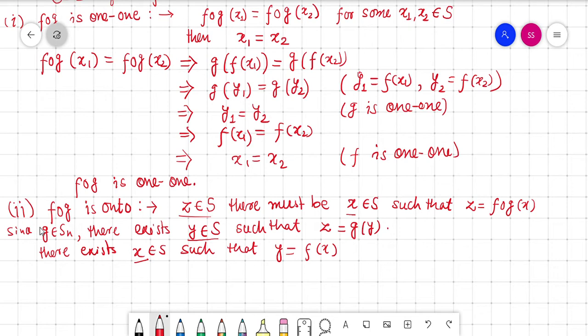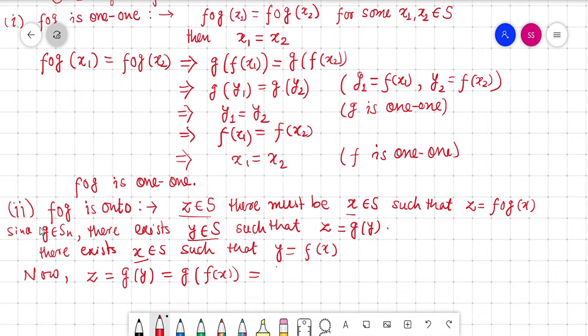So ultimately what we get is Z equal to, what is the value of Z? It is G of Y. Now substitute the value of Y. Y is nothing but F of X. And what is G of F of X?